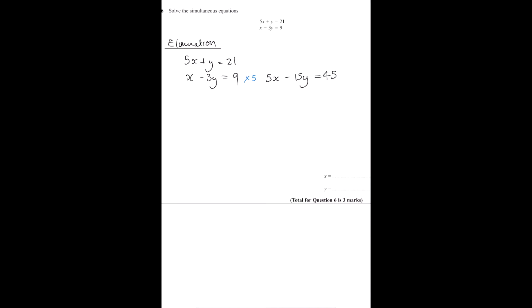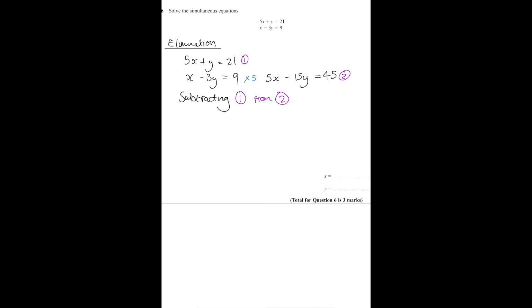And now what we can do is we can subtract the two equations, so we'll label them first, 1 and 2. Now if we subtract, we'll subtract 1 from 2.